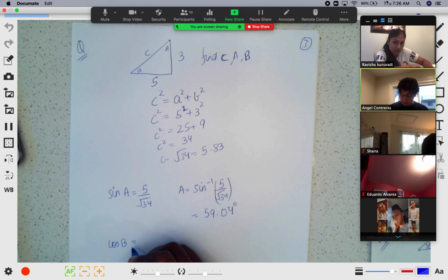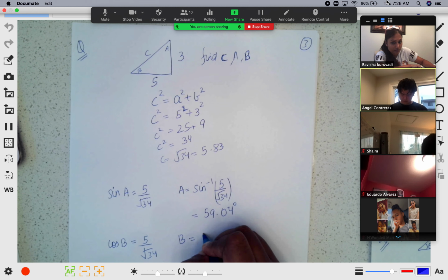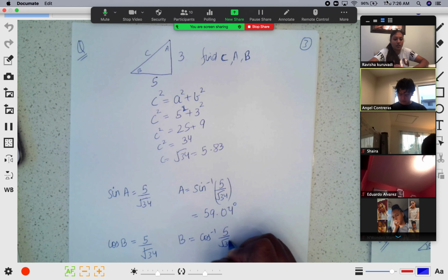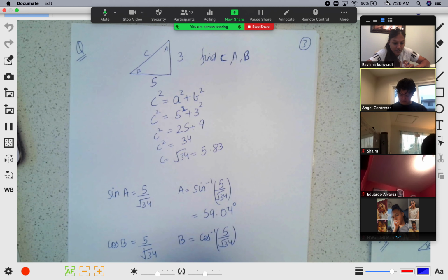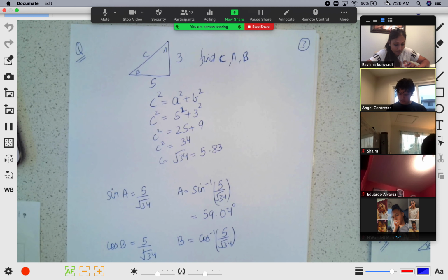Adjacent to B is 5, right? Yeah, 5 over root 34. So my B will be equal to what? B equals inverse cosine 5 over root 34. Now do the inverse and give me the correct answer. Oh, it's the same thing, right? No, it's not the same. Sine and cosine are different functions. Oh, yeah, that's true.